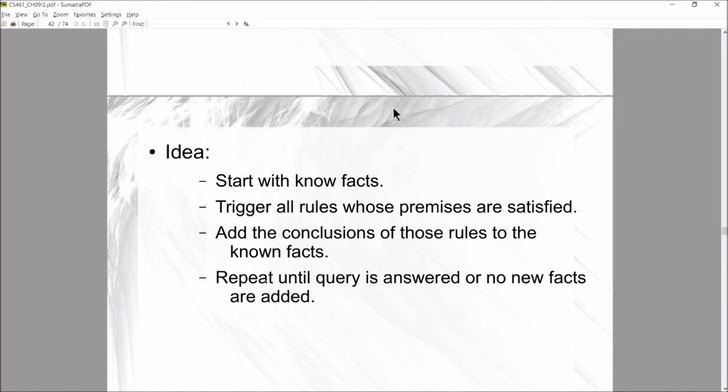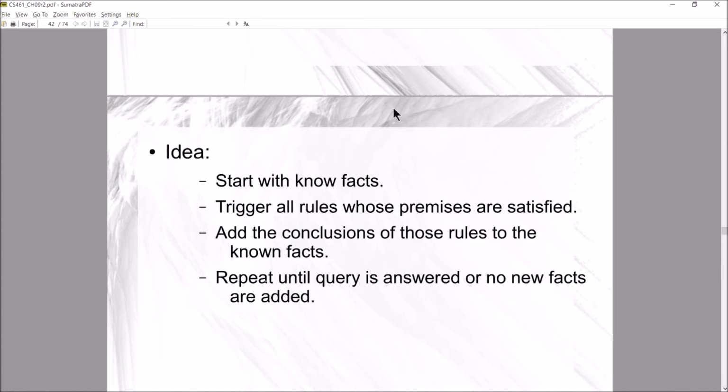We're going to trigger all those rules whose premises are satisfied, and the rules are the implication definite clauses. The premises are satisfied if the pieces of the conjunctions are true, and if they are, then the conclusion of that rule is going to get added to our list of known facts.